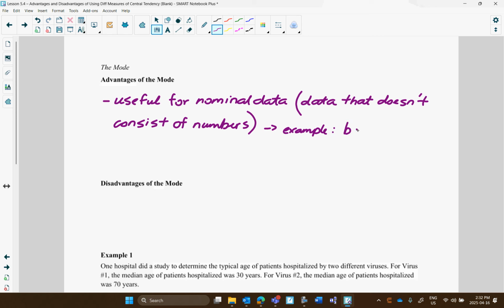Or election results, because you're counting the number of votes for a certain person. And the one with the most votes, the mode, is the winner in the election.